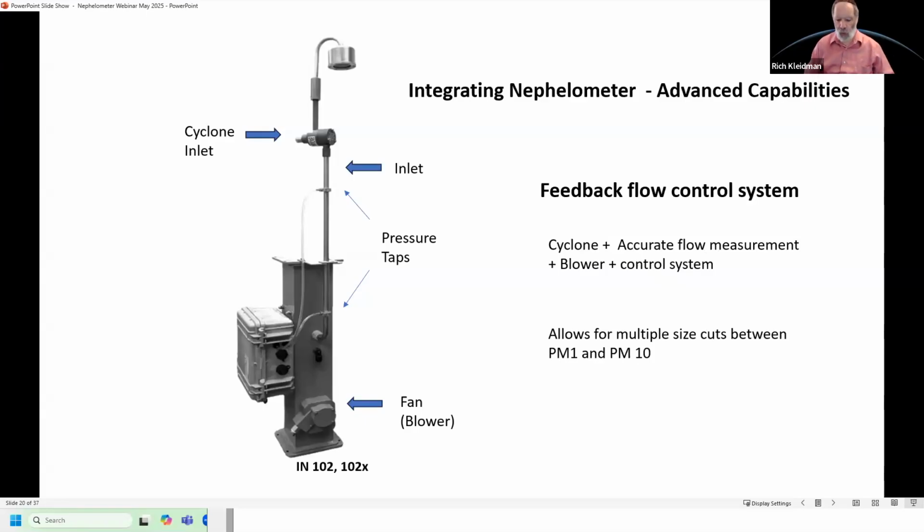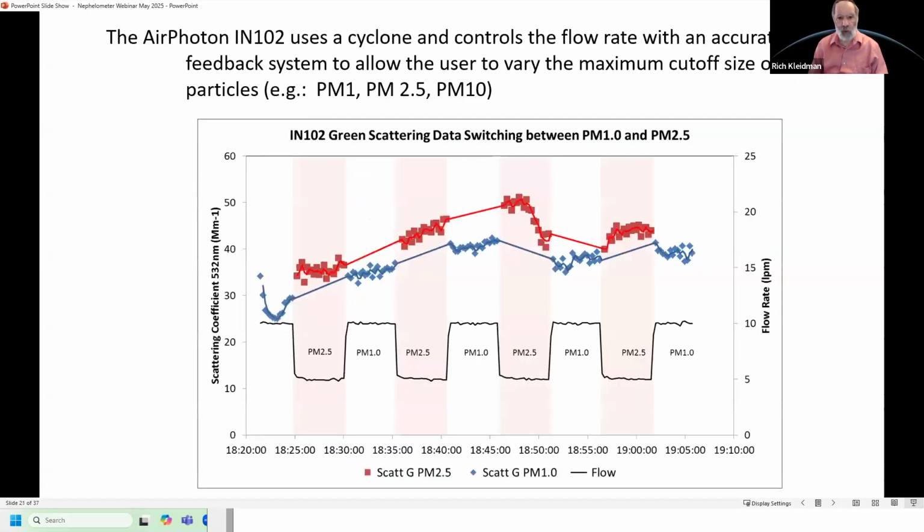This is programmable, so you can do it on whatever schedule you want to really fully take advantage, because in this instrument, the volume is large, about 1.5 liters. It can take up to 10 minutes to get a full and complete exchange of the air from one size cut to another.